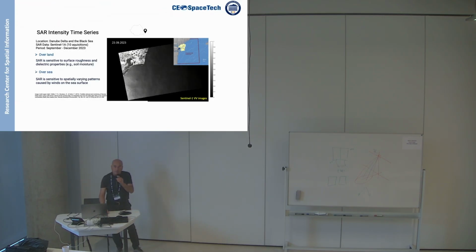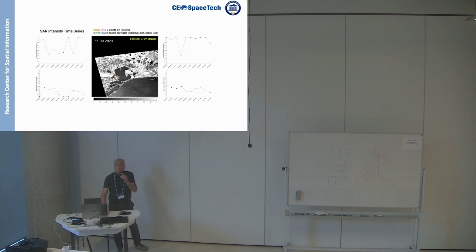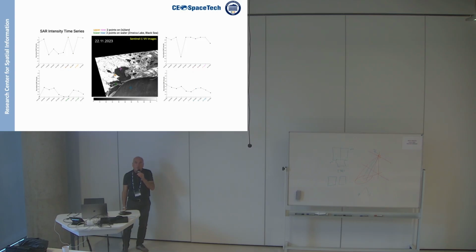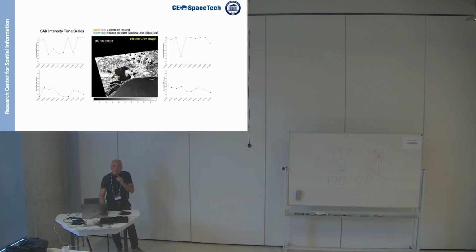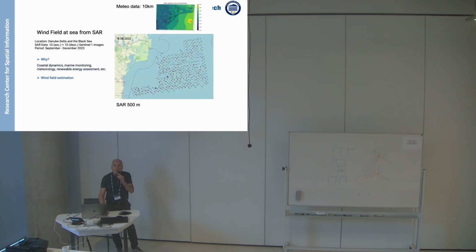We operate time series on a synthetic aperture radar, measuring the currents and the wind speed from the data. These are examples of time series and the variations, the backscatter in several points, showing the temporal evolution over the lakes and Danube Delta.